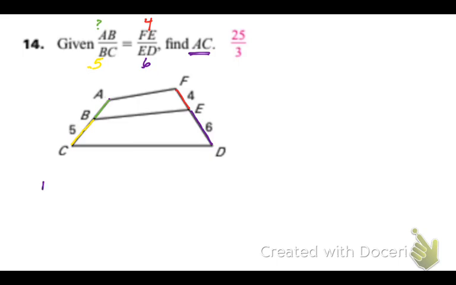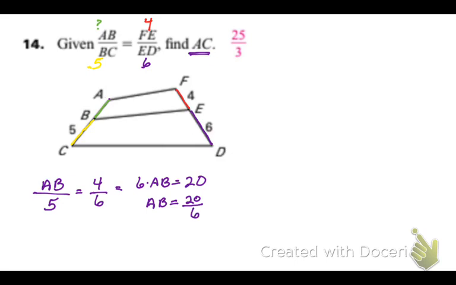So here we have our cross multiplication: AB over 5 is equal to 4 over 6. So 6 times AB is going to be equal to 4 times 5, which is 20. AB is equal to 20 divided by 6. We're going to simplify that.